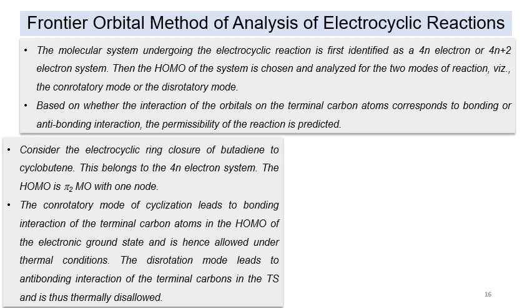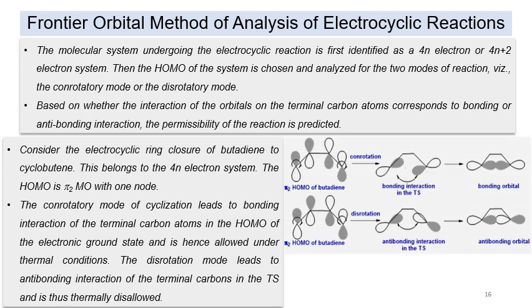Let's now consider the classical case of the ring closure of butadiene to cyclobutene. We have seen earlier this belongs to the 4n electron system, and we know that the HOMO for butadiene is the pi2.